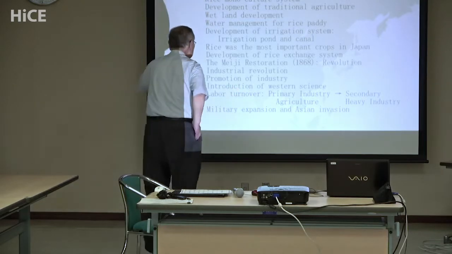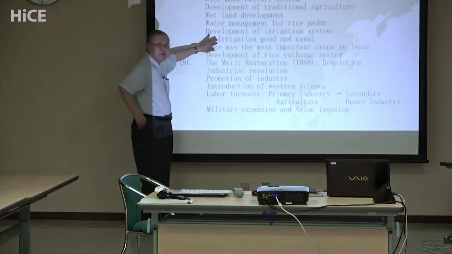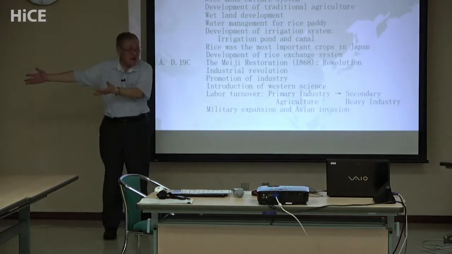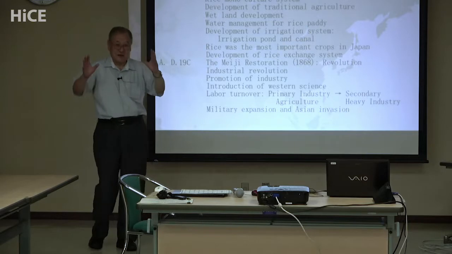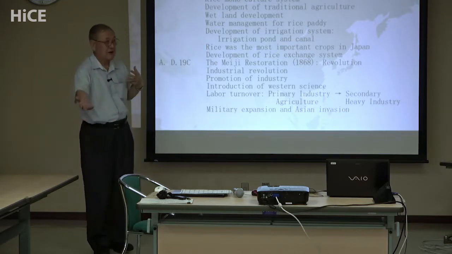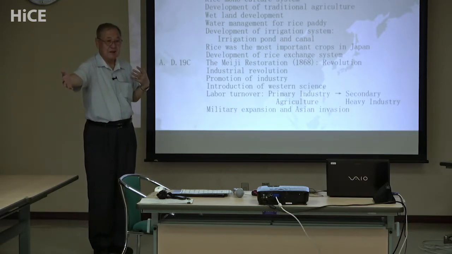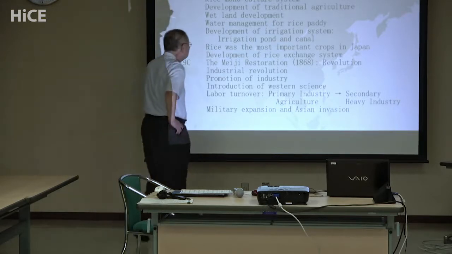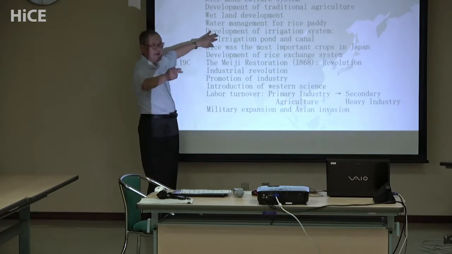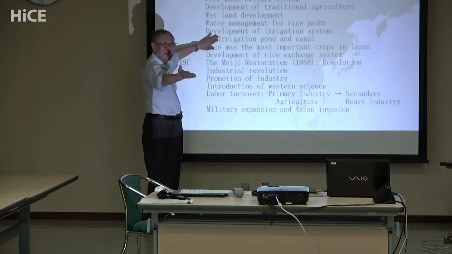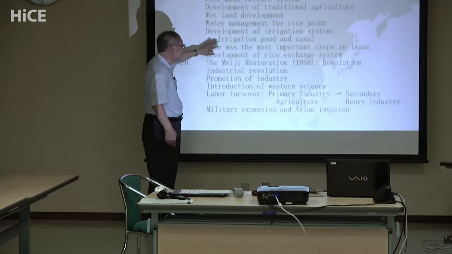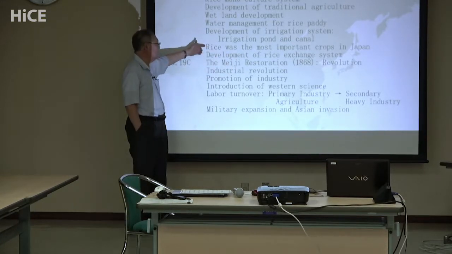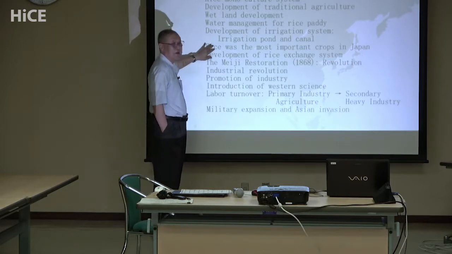This is Japanese technology. And around here, even on our campus, you will see a small pond. This was very important to irrigate the lower land. Okay? Then near Yamanaka Kaikan, you are around the pond. Okay? Then, rice was the most important crop in Japan.